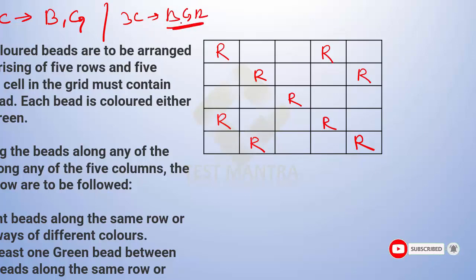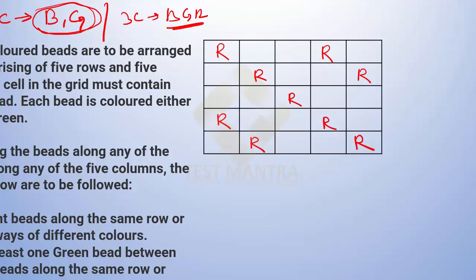So if I want to maximize red, I have to use all the 3 colors here, and I have a rule available for that here. Now if this is the condition, I want to minimize my number of reds. What will be the minimum number of reds possible here? My minimum number of reds possible will be when I'm using exactly 2 colors here, right? That will be the case when I'm using the minimum number of reds. So that means the minimum number of reds I can use is nothing but 0. This is the basic thing which we can identify from the given information here.